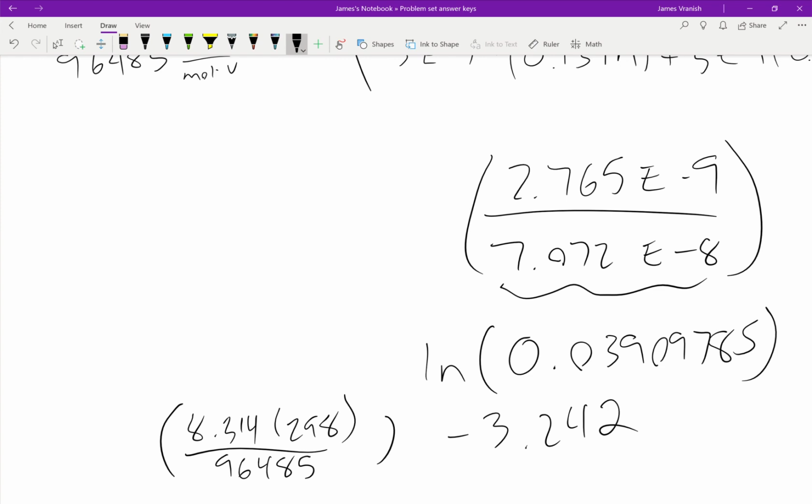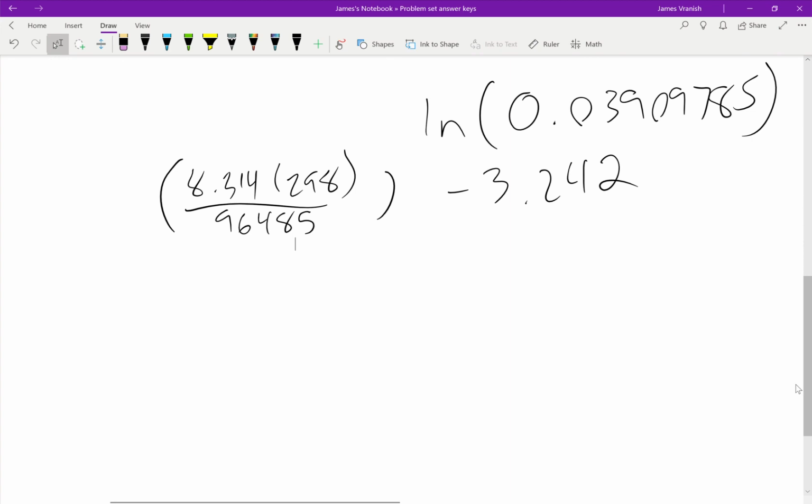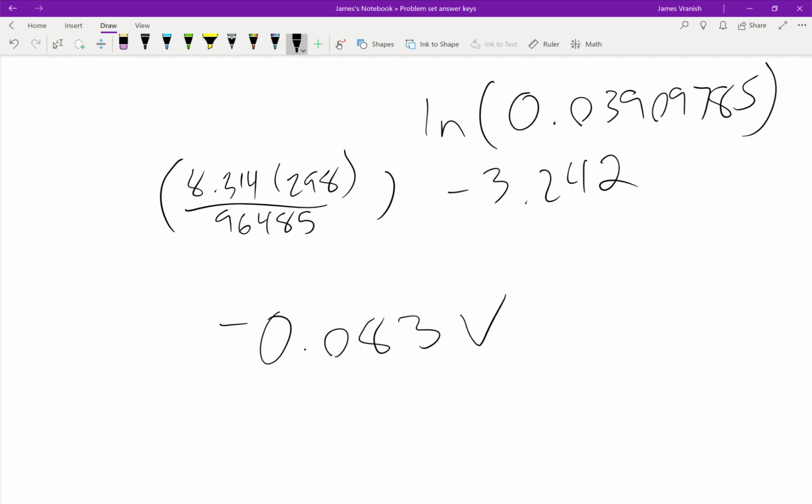So the answer I'm ending up with here is negative 0.083 volts. 832, I'll put the 2 on there. So that's our membrane potential now, negative 83.2 millivolts.